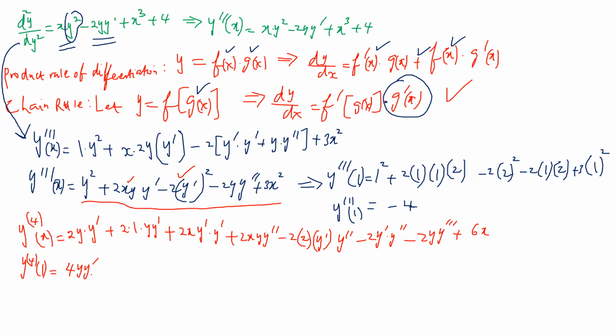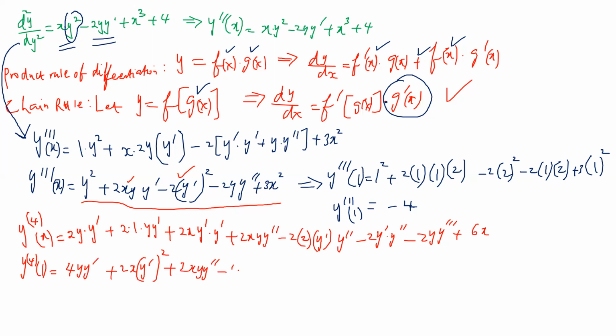We're trying to add the terms up to avoid lots of long expressions here. 2xy primed times y primed is only 1 in the equation, so we can keep this one to make it easier for us to do the next derivative. What about 2xy double primed?